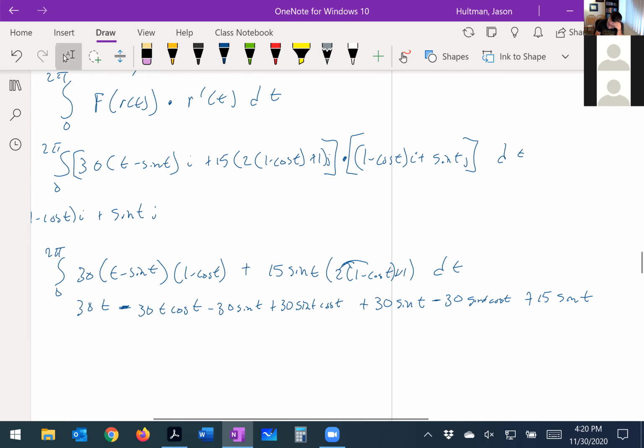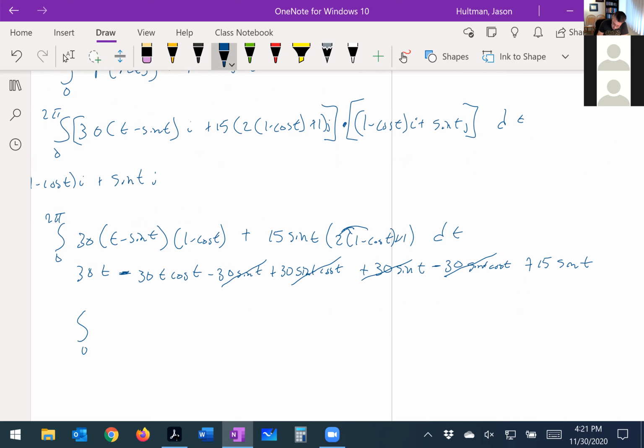So some nice things happen. This guy cancels with this guy, and this guy cancels with this guy. So I'm just left with, there's the dt here, but whatever, 0 to 2 pi. This is 30t minus 30t cosine t plus 15 sine t. Nice.